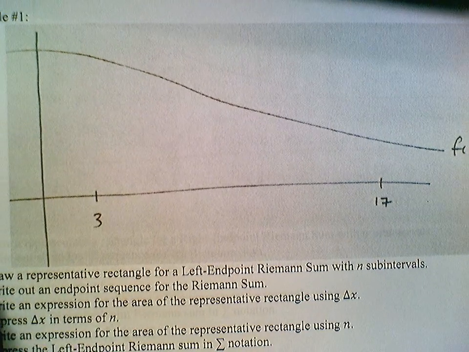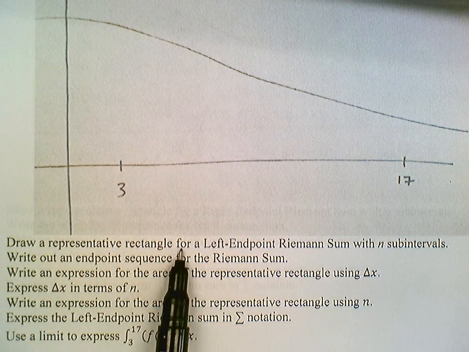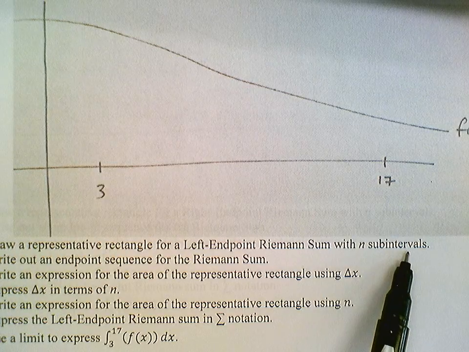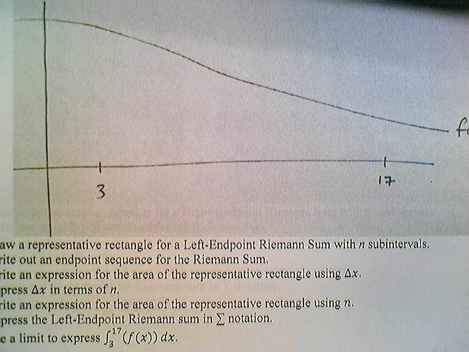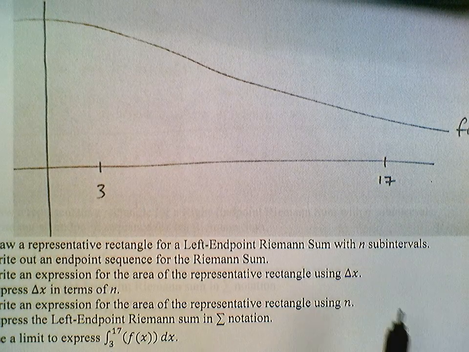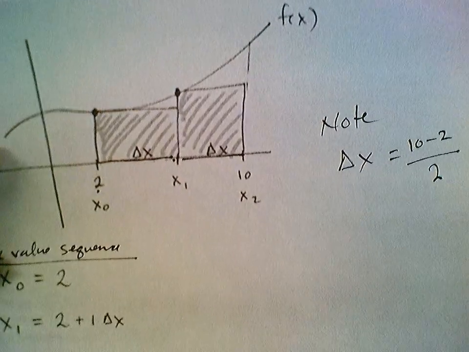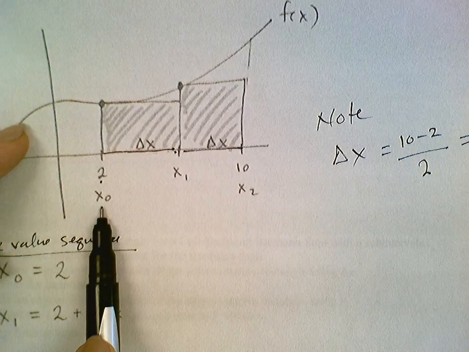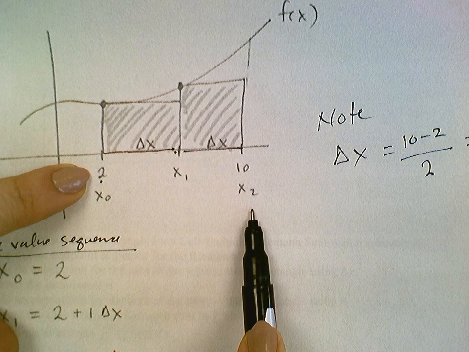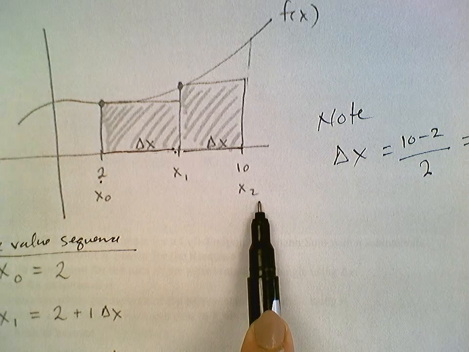Alrighty, so the first thing you're going to be asked to do is draw a representative rectangle for a left endpoint Riemann sum with n subintervals. A Riemann sum is just a rectangle sum that is used to approximate a certain area. So since we're using n subintervals, the first endpoint is always x sub 0, and then the last endpoint is always x sub however many intervals you're using.